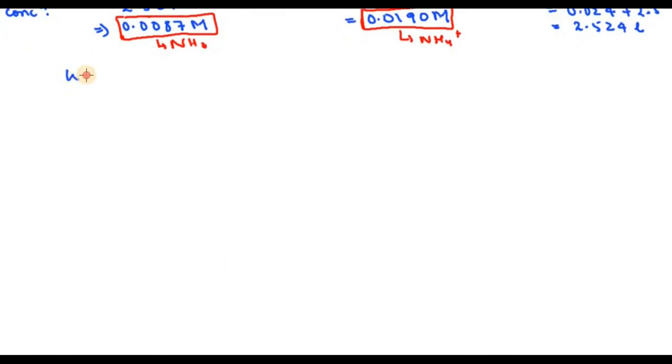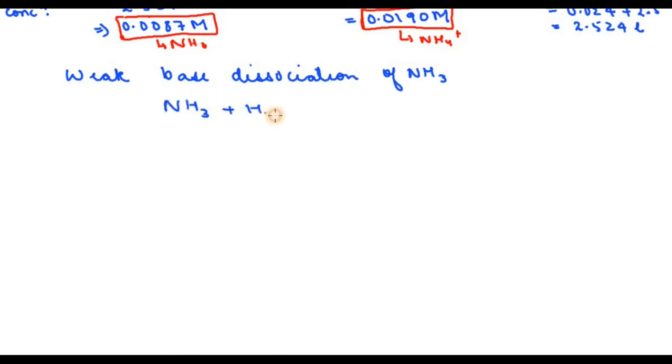Now using the new concentrations we would do the weak base dissociation of NH3. So let's write the reaction here. NH3 reacts with H2O and it dissociates to give ammonium and hydroxide ions. So let's write its initial concentrations first.